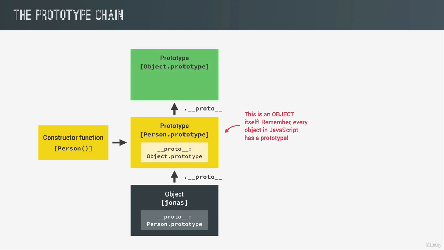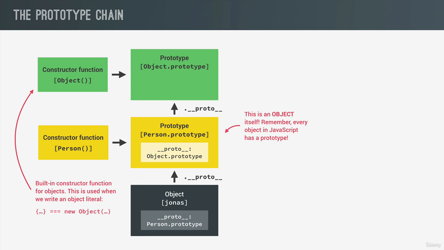Why is that? Well, person.prototype is just a simple object, which means that it has been built by the built-in object constructor function. And this is actually the function that is called behind the scenes whenever we create an object literal. So just an object simply with curly braces. So essentially the curly braces are just like a shortcut to writing new Object.